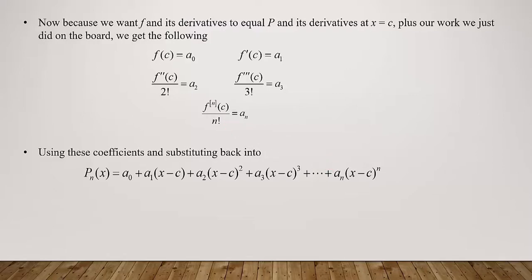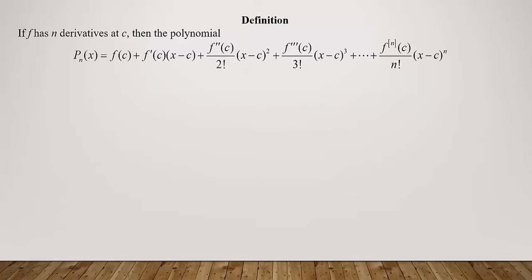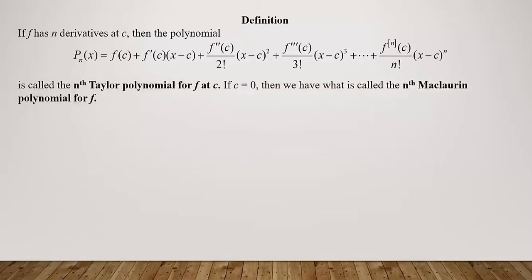When I do that substitution, it gives us the following. It's a definition. If f has n derivatives at c, then this polynomial has a name. It's called the nth Taylor polynomial for function f at c.